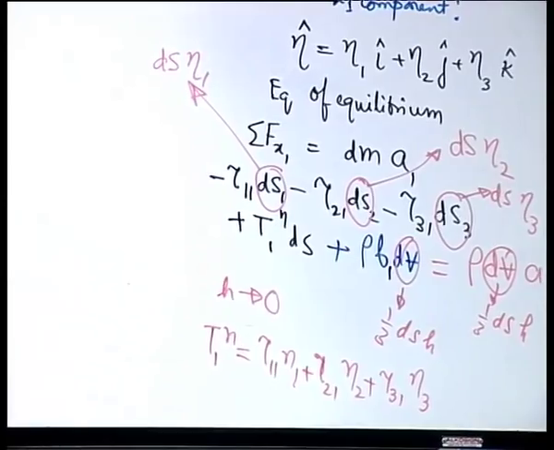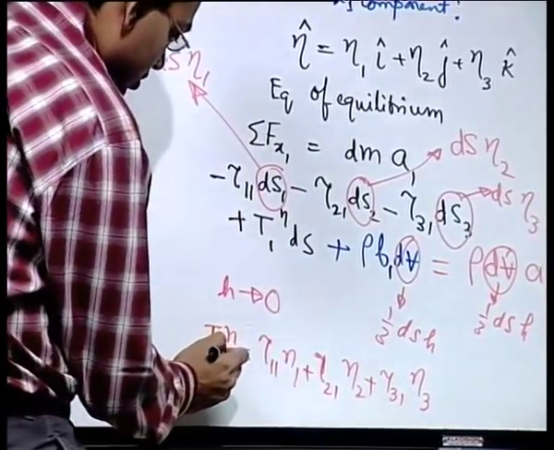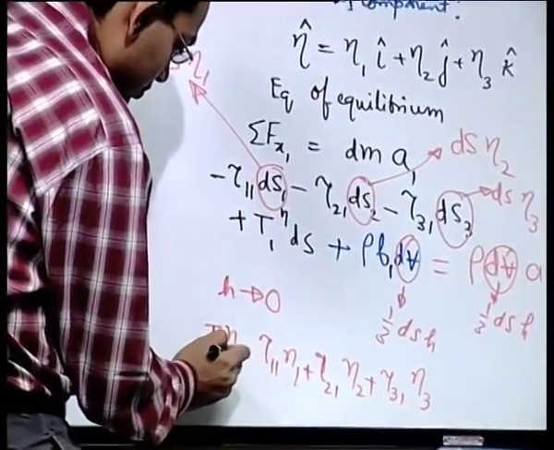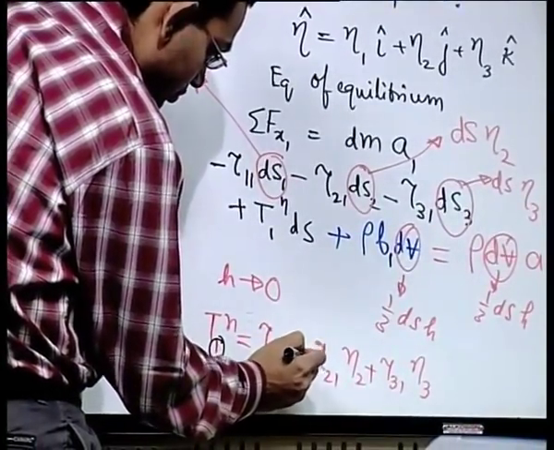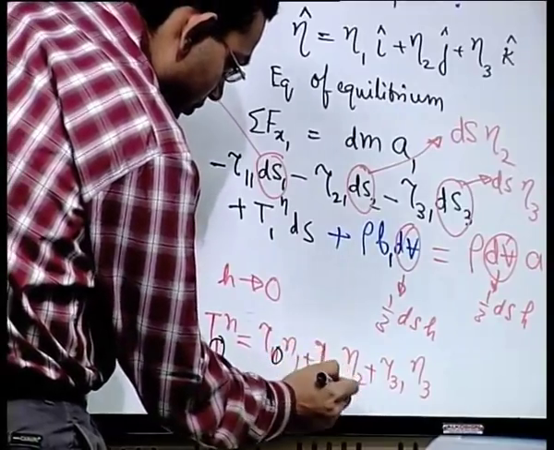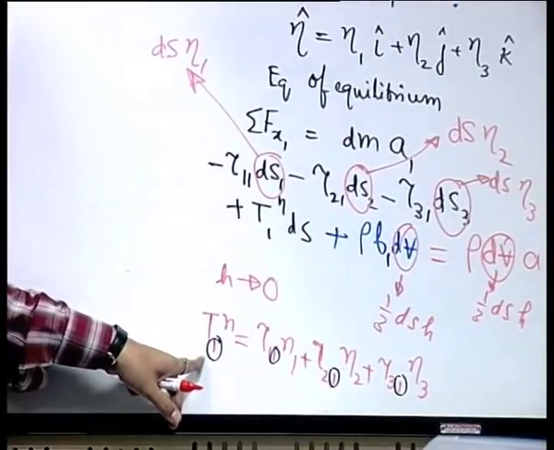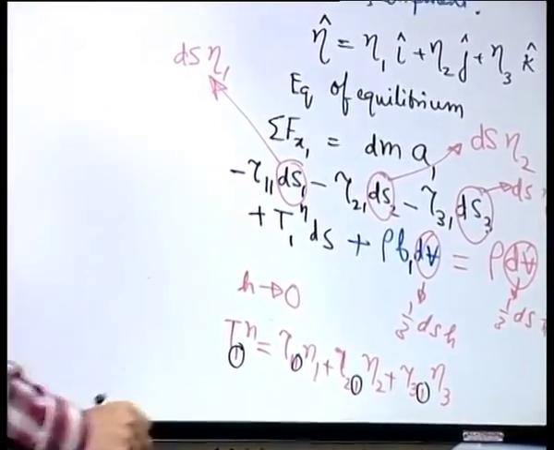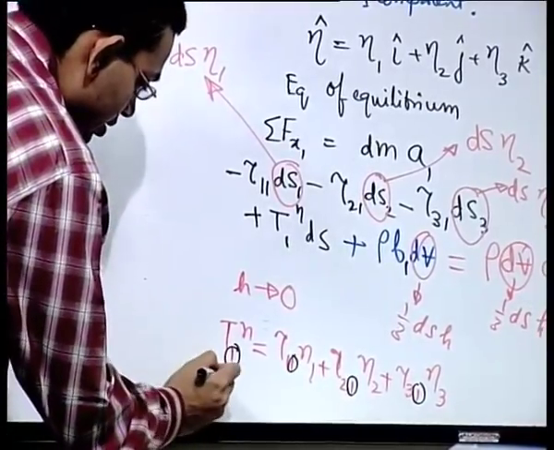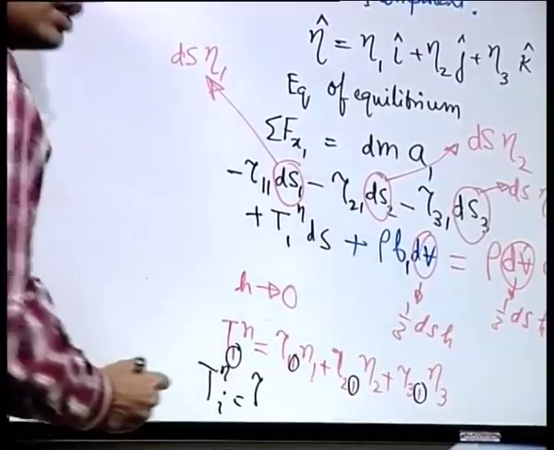So, you can see that this index 1 is the same as the index 1 that appears here. So, in general you can replace this 1 with I for any arbitrary direction.